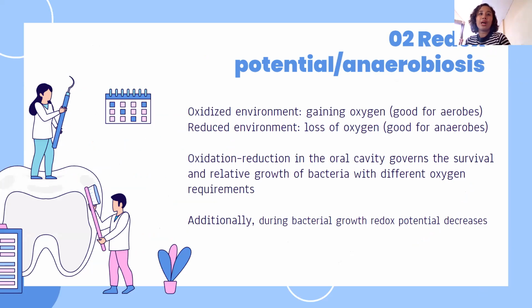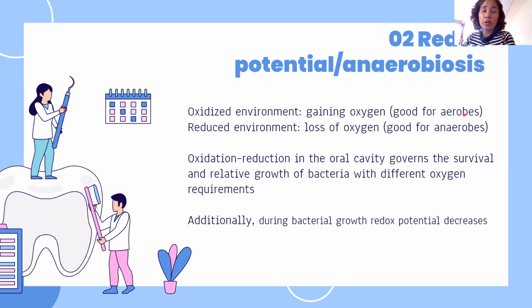So, next, guys, we have redox potential or anaerobiosis. So, guys, oxygen environment could impact the growth of your microorganism. Example, if the environment is oxidized, meaning there is much oxygen. So sa chemistry, we are losing electrons.